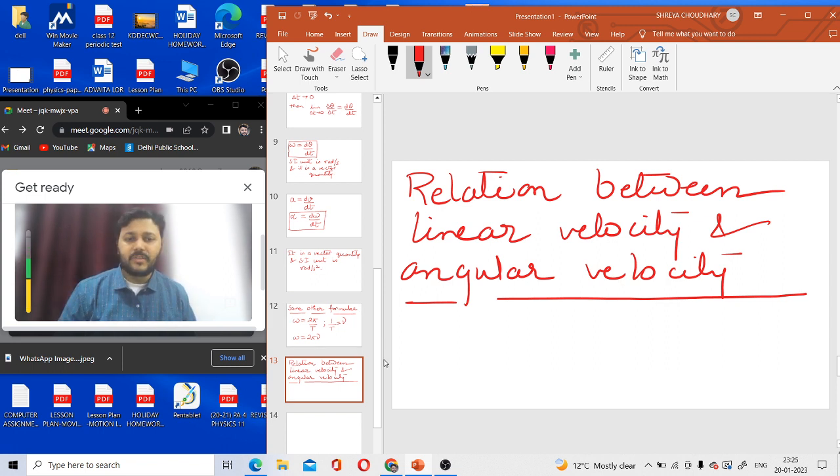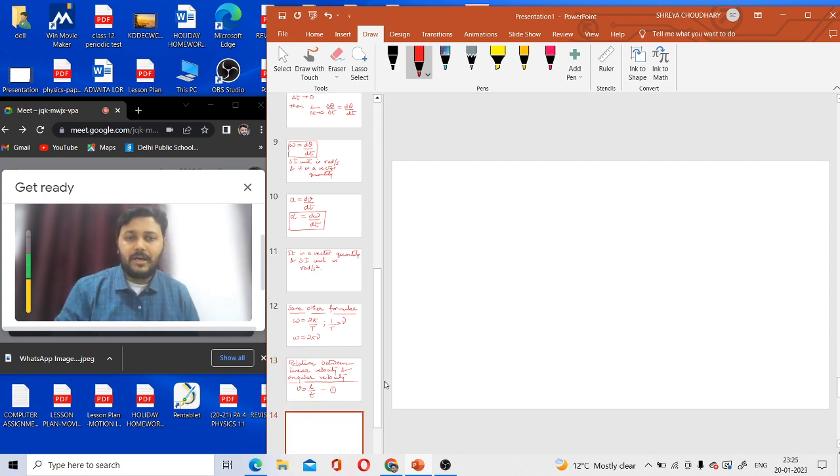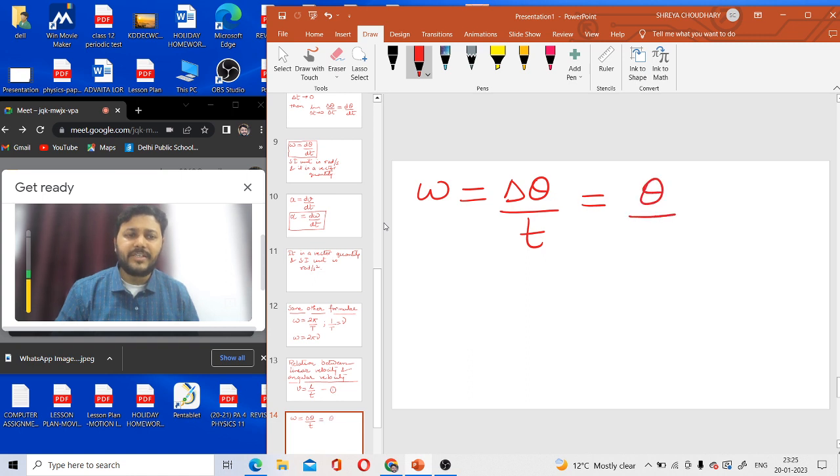So let us write down the value of v. v is equal to L upon t, distance upon time. This is one of the very basic formulas of velocity. Velocity is equal to distance upon time or displacement upon time. We know that. So let us mark this as equation number 1. From omega, we know omega is equal to delta theta upon t, or in short theta upon t.